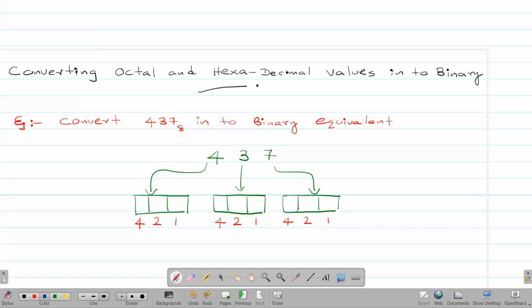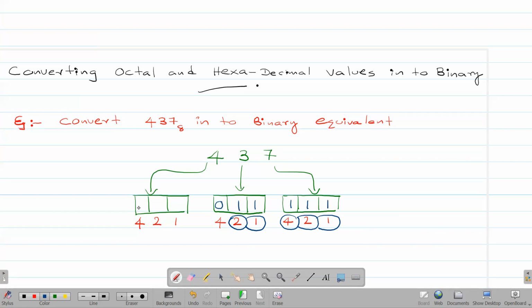So if you are going to represent 7, you need 4, you need 2, you need 1, because 4 plus 2 is 6, 6 plus 1 is 7. So it should be 1, 1, and 1. To represent 3, you need a 2 and a 1. That means 1 and 1 can be put over here, but nothing for the positional value 4.